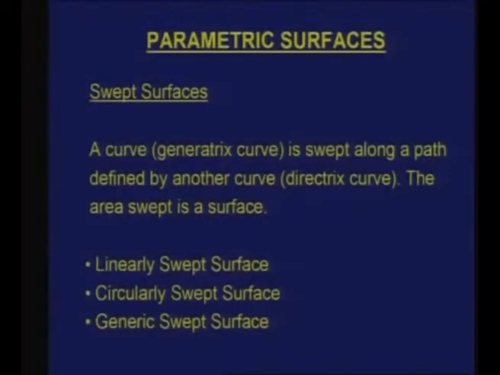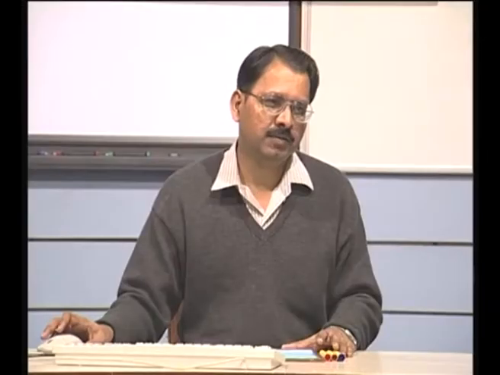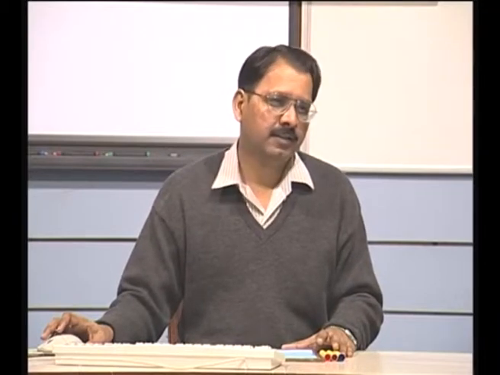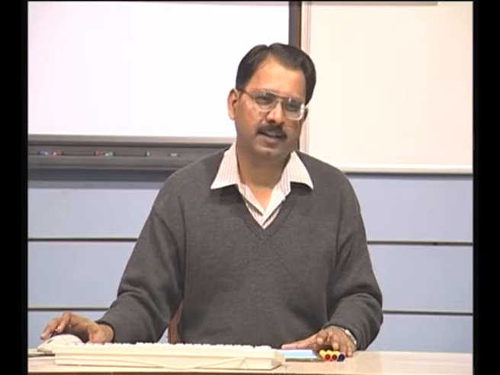Among the swept surfaces, there are a few which are commonly used, like the most common, of course, a linearly swept surface, where the directrix curve is a straight line. Okay.